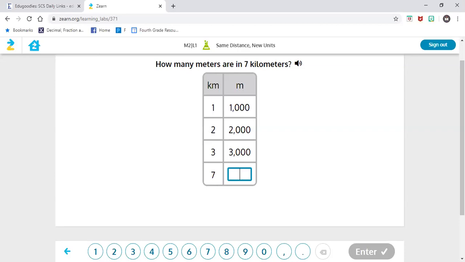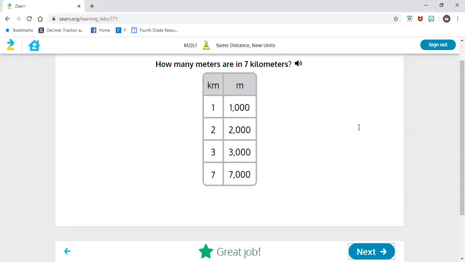So if I have 7 kilometers, if I multiply 7 times 1,000, how many meters would I have? 7,000. Okay, so we definitely have to remember that for every 1 kilometer, there's 1,000 meters.